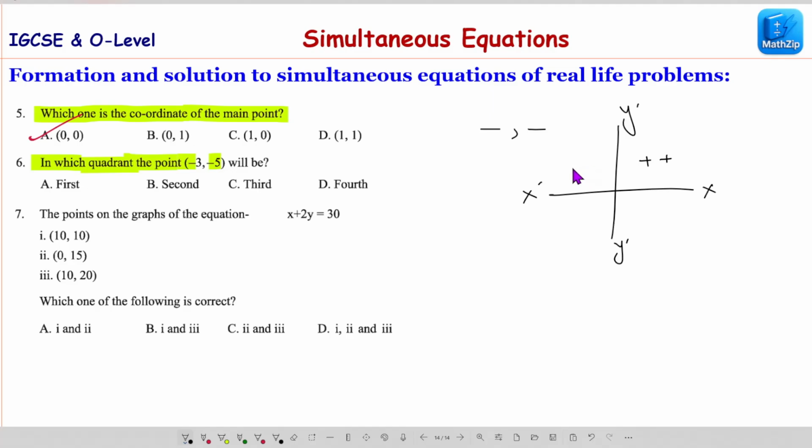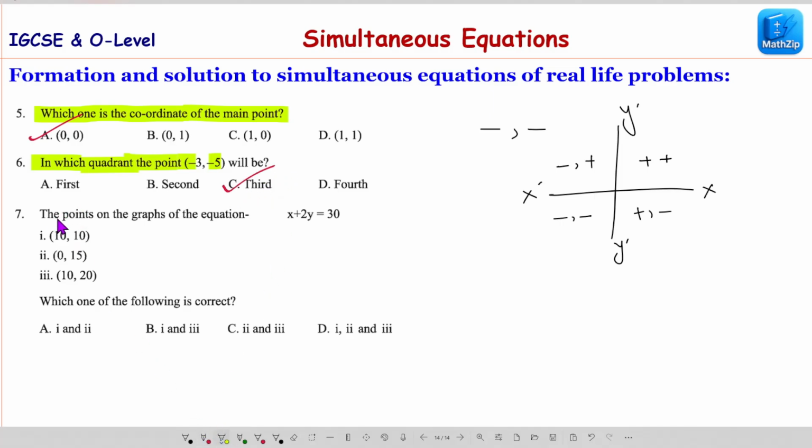Second one, here x minus and y plus. Third one, both minus. Fourth one, here x plus and y minus. Therefore -3 and -5 should be in the third quadrant. Okay, this is third.